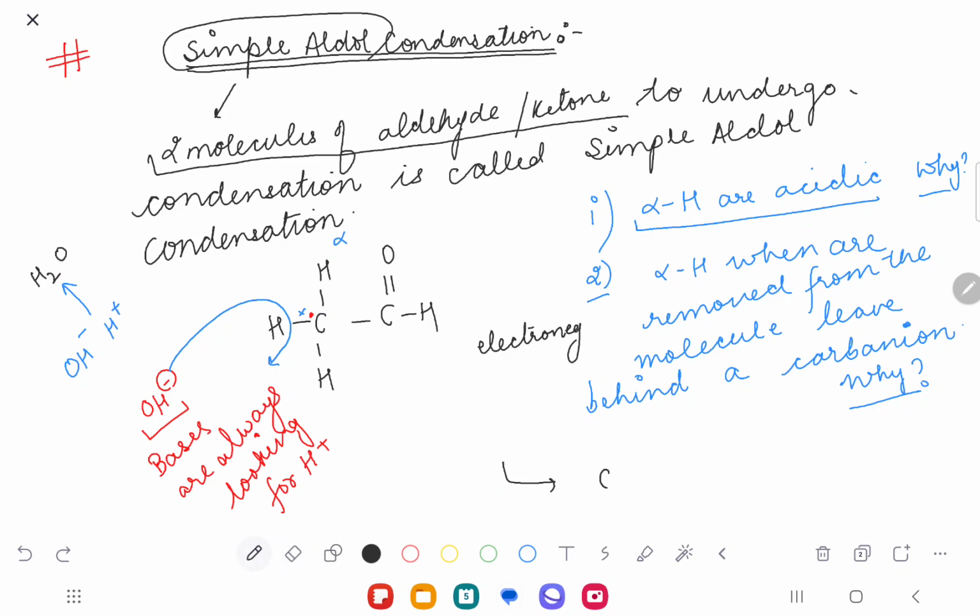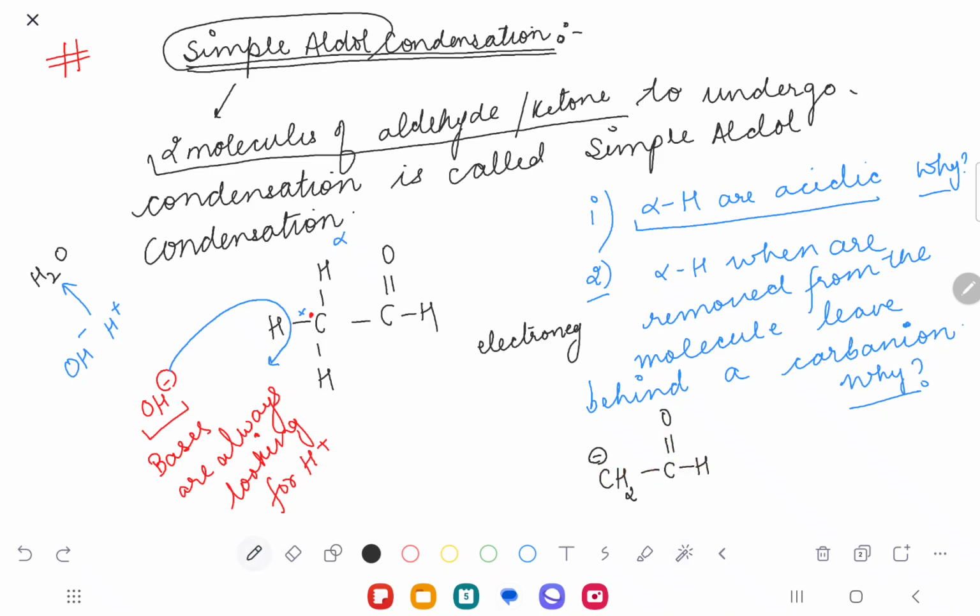I am left with CH2 negative, because this negative charge is coming from this blue extra electron, and C double bond O H. So this is the structure that we have: CH2 negative and C double bond OH.